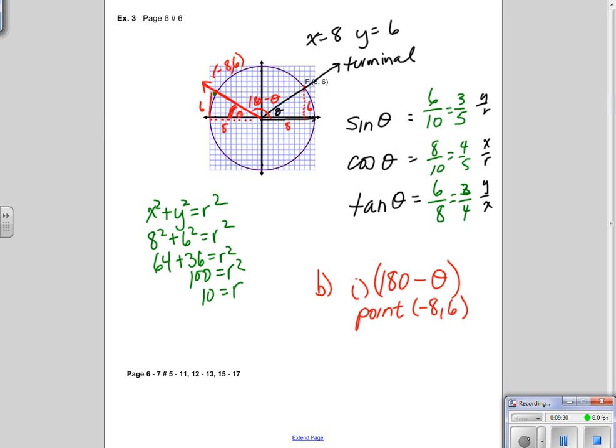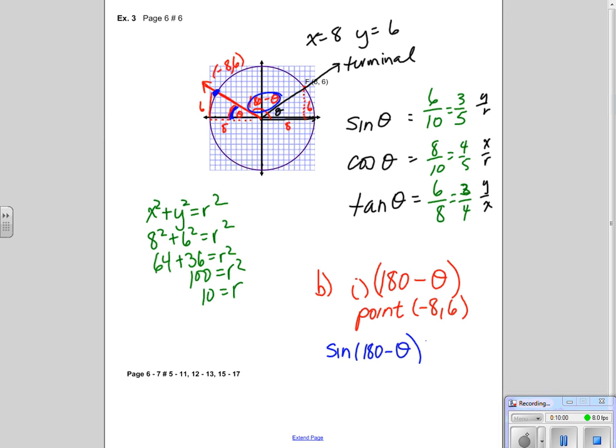And sine of that angle would be, just using blue to mark that one now, sine of that angle, which uses that point, sorry, this is the 180 minus theta that I'm referring to, but it uses this point, it would also be y over r, and both of those are positive.